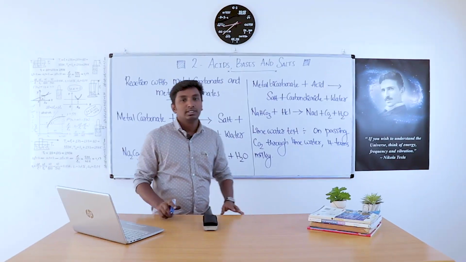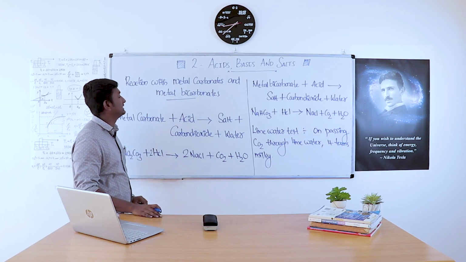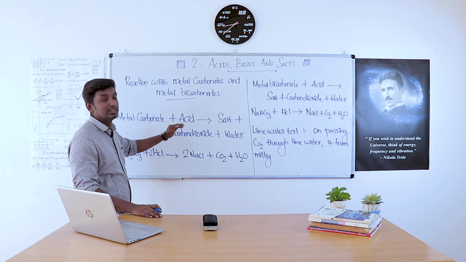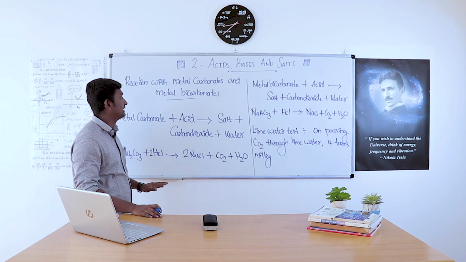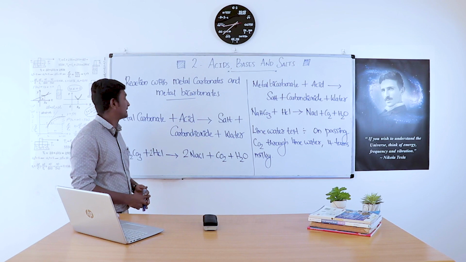Okay. The next reaction we are going to check is the reaction with metal carbonates and metal bicarbonates. When a metal carbonate reacts with an acid, the products are salt, carbon dioxide and water.